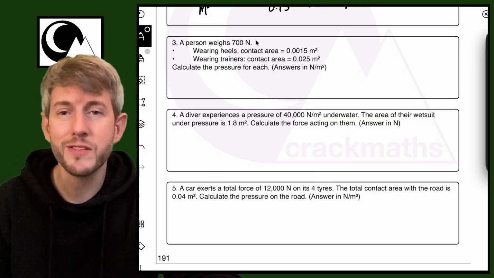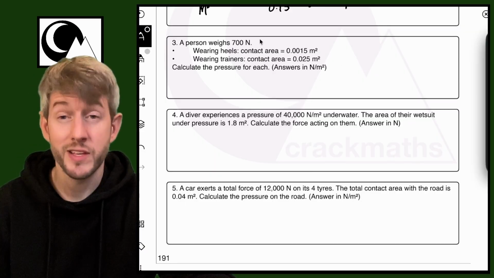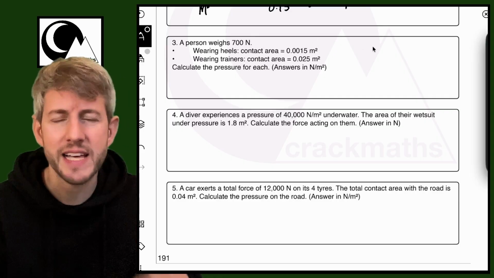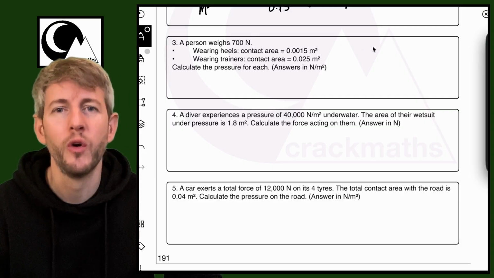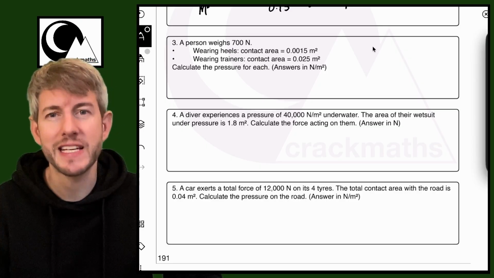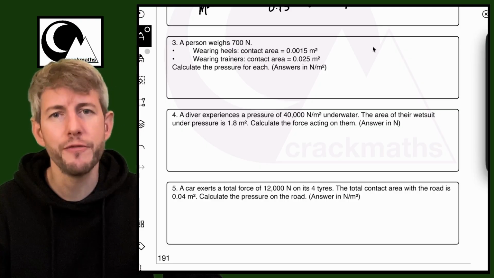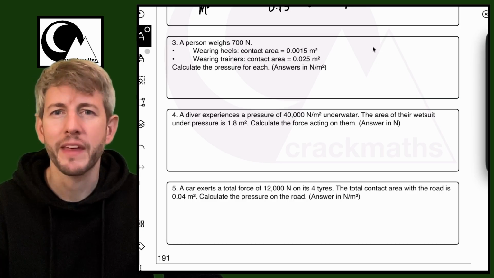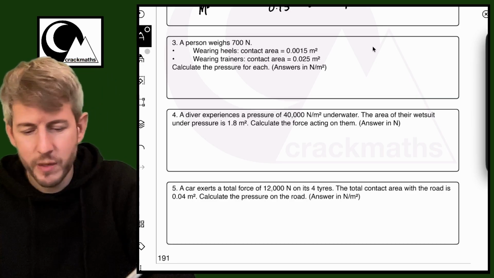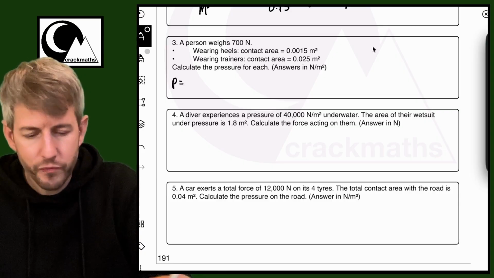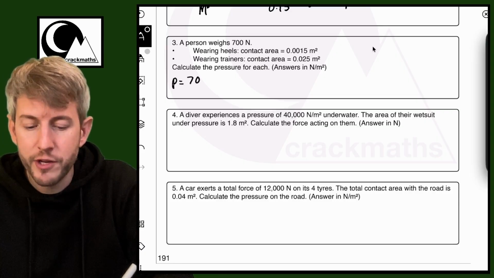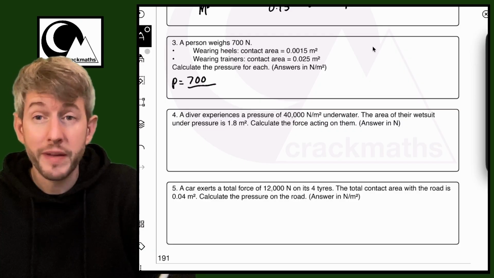A person weighs 700 newtons. Wearing heels, their contact area is 0.0015 meters squared. Wearing trainers, their contact area is 0.025 meters squared. Calculate the pressure for each. Let's do this one first. The pressure is equal to the weight, the newtons, divided by the meters squared.